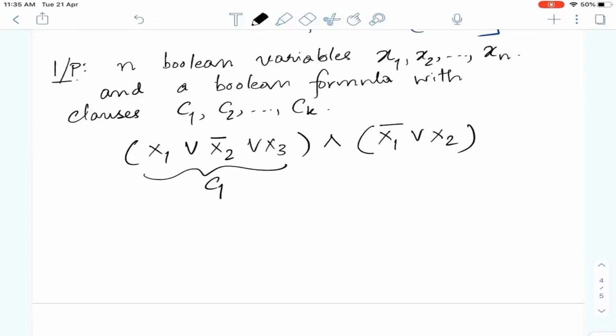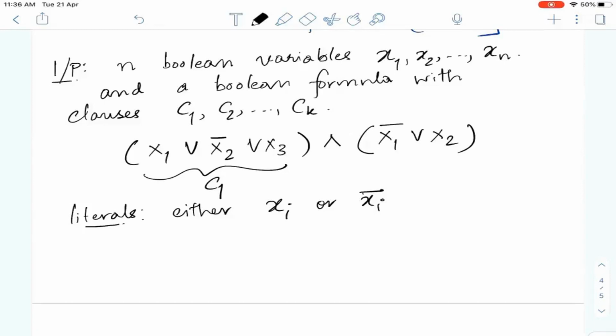So you have k clauses where each clause is what we call a disjunction of literals. So what is a literal? Literals are either xi or xi bar. So either it's a variable or the negation of that variable.